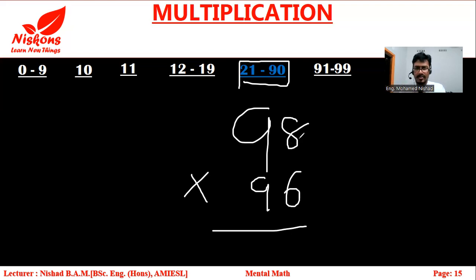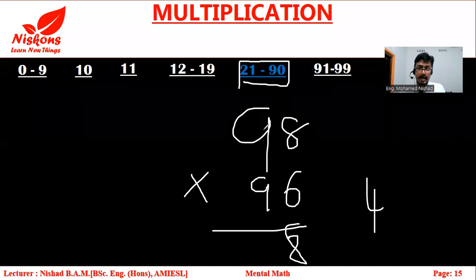Let's do that. So if you are going to multiply 8 times 6, it will be 48. So 8 will come over here and 4 will be a remainder. If you are going to multiply 9 times 6, then it will be 54. 54 plus 4, it will be 58.